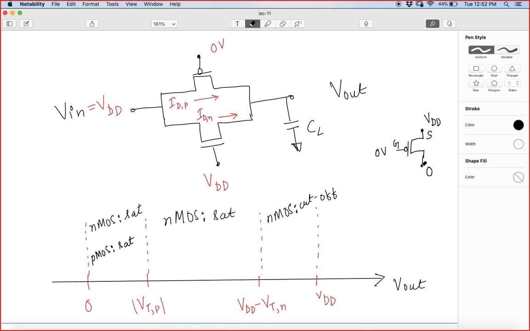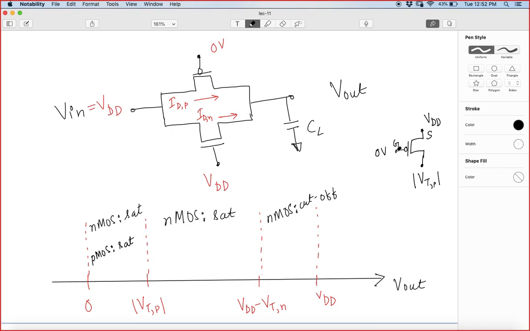It will reach the threshold voltage, and it will become more than the threshold voltage. As soon as it reaches this threshold voltage VTP, the magnitude of the threshold voltage, and becomes higher, we know that whenever this potential becomes higher than the gate voltage by the threshold voltage in case of the PMOS, the PMOS goes to the linear region.